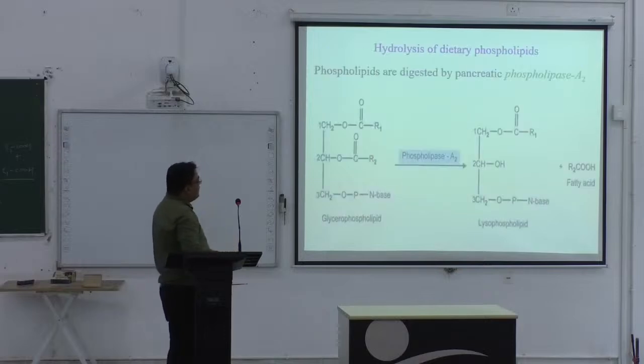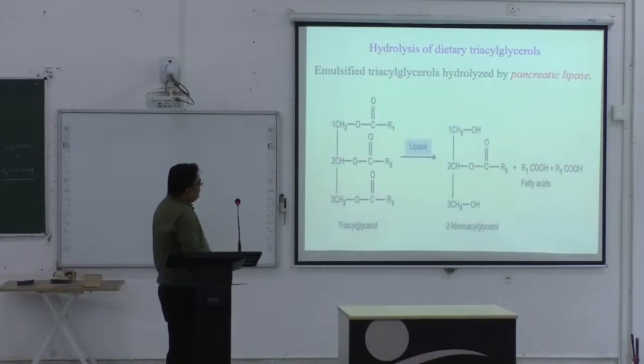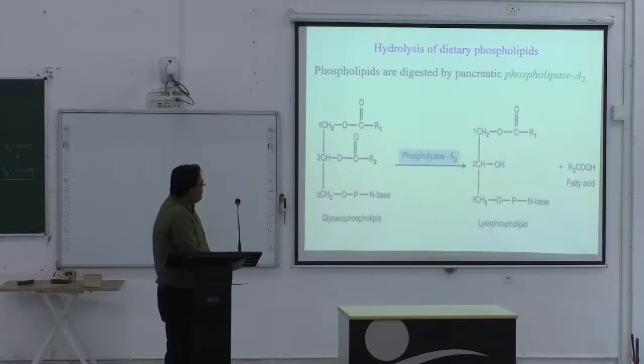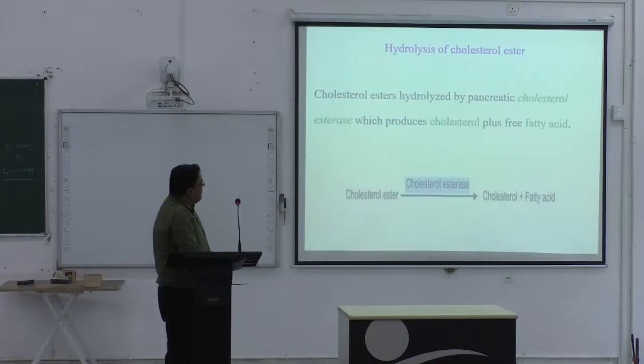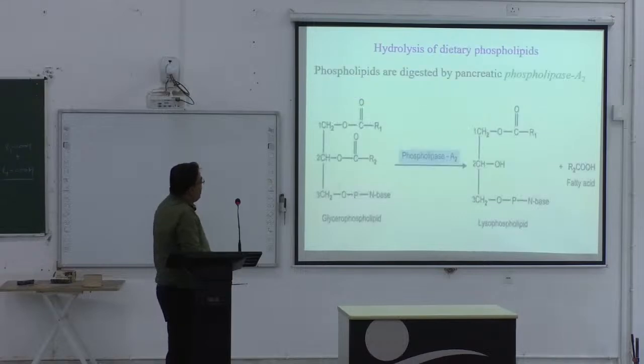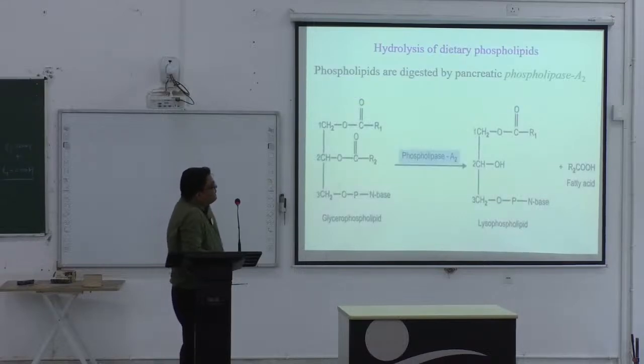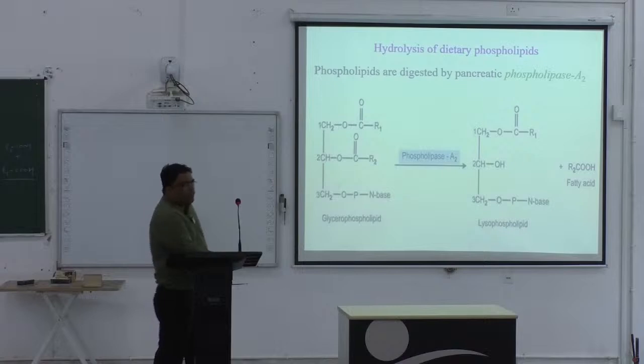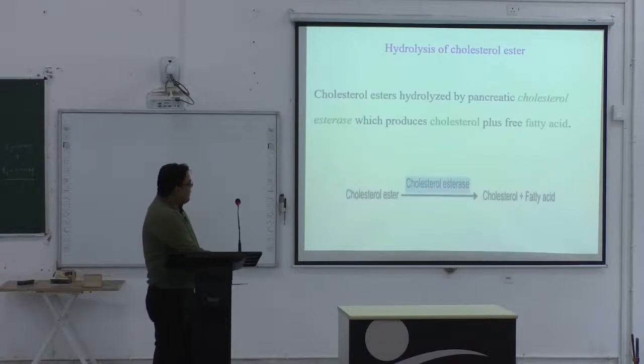From triglyceride, it forms 2-MAG plus free fatty acid. Same as glycerophospholipid, it forms lysophospholipid plus fatty acid, and cholesterol esterase gives cholesterol plus fatty acid. Now they have separate names because they act on the molecule at separate positions, so that's why phospholipase A2 and some other names are given.